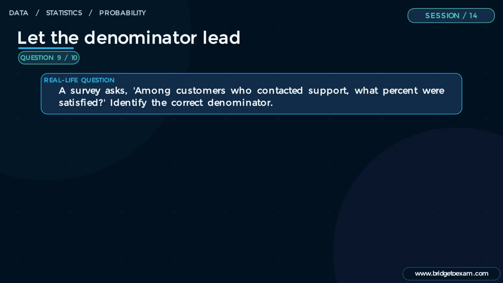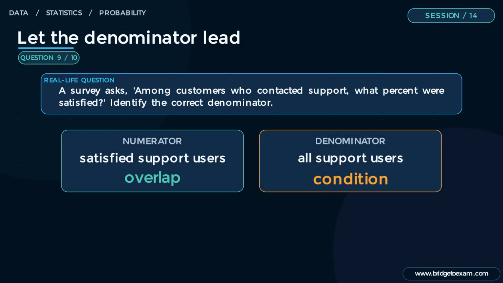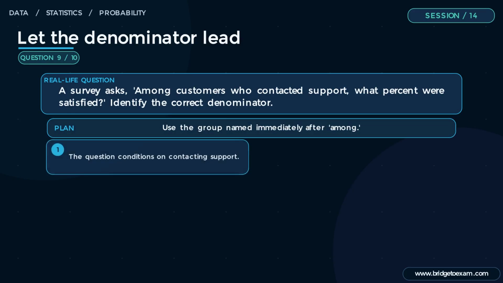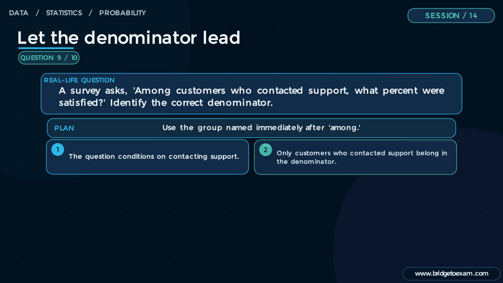Example 9. A survey asks, among customers who contacted support, what percent were satisfied? Identify the correct denominator. The comparison places both cases on the same scale. Plan. Use the group named immediately after among. Step 1. The question conditions on contacting support. Step 2.